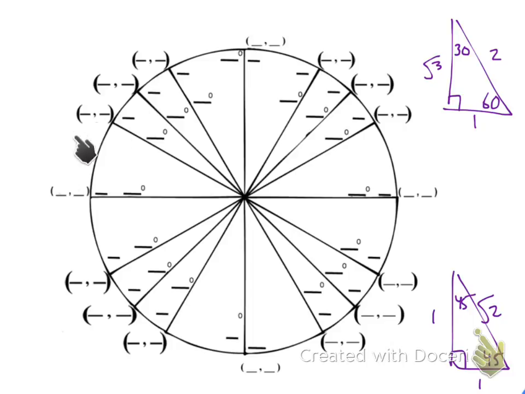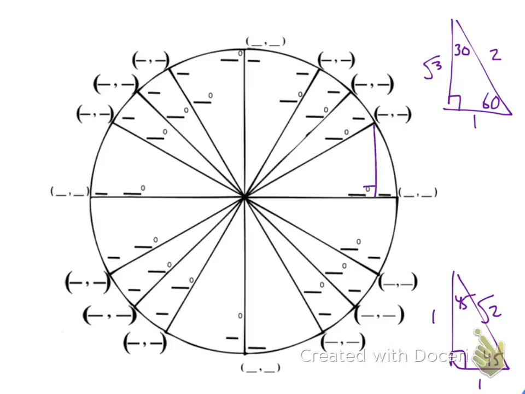Now here's the thing. This circle only has a radius of 1, which means every single one of these lines represented right here only has a length of 1. Now watch what happens.